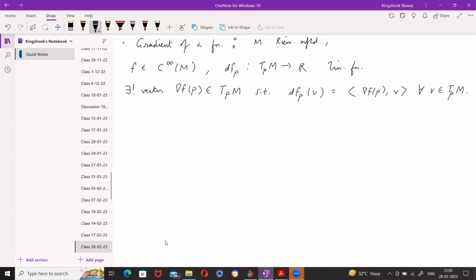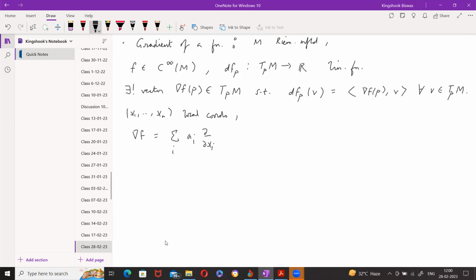Now, how do you work out what this gradient vector is? If I take local coordinates x1 to xn, suppose grad f, I can write this as summation ai del del xi.